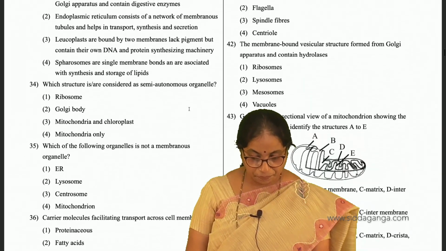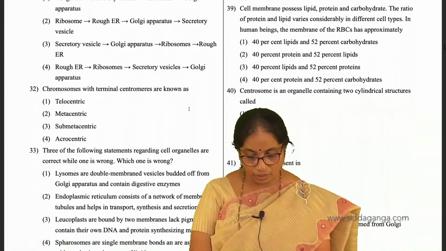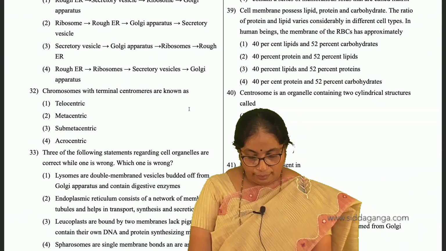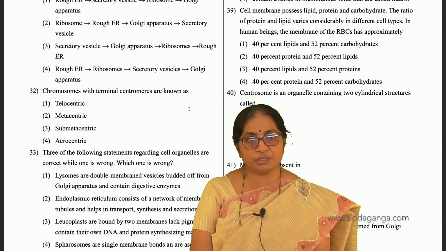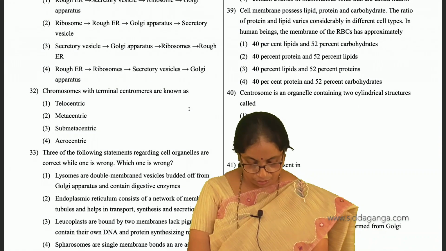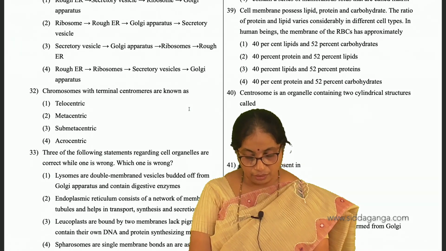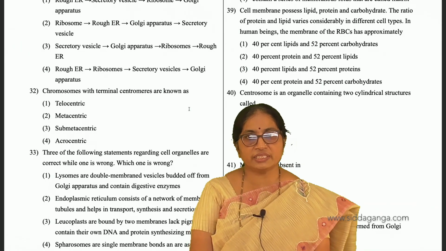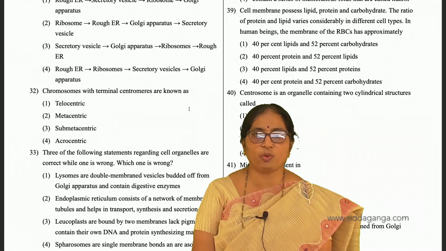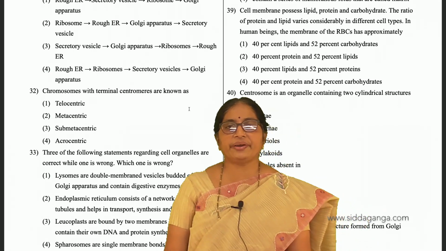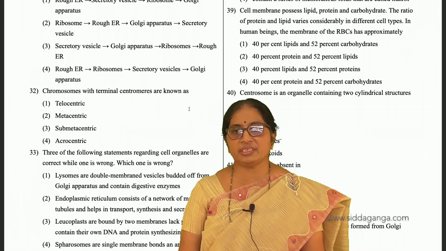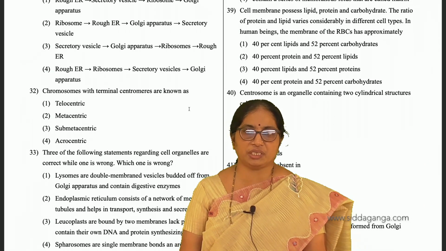Next question. Question number 39. Cell membrane possesses lipid, protein and carbohydrate. The ratio of protein and lipid varies considerably in different cell types.